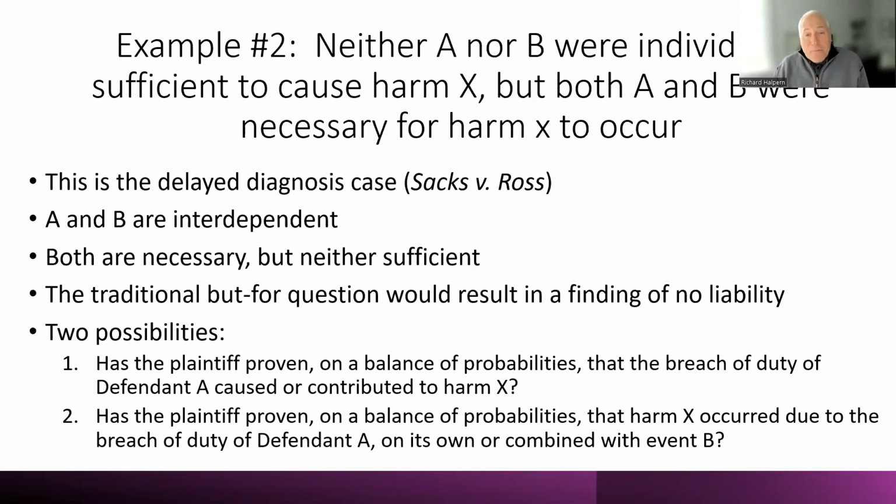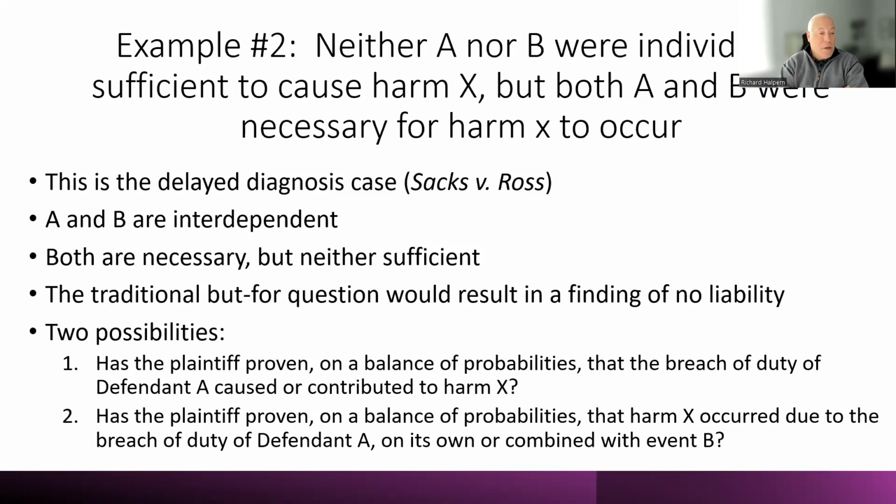And again, if we were to ask the traditional but-for question as a question of strong necessity in this scenario, we would always find no liability. That can't be so. So two possible questions: has the plaintiff proven on a balance of probability that the breach of duty of defendant A caused or contributed to the harm? That can't be the question, because we would get the wrong answer.